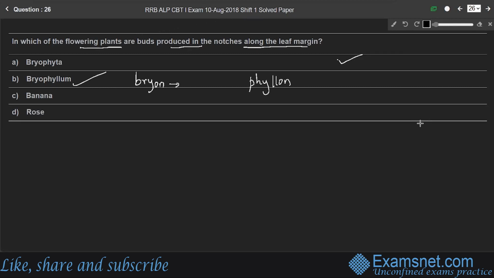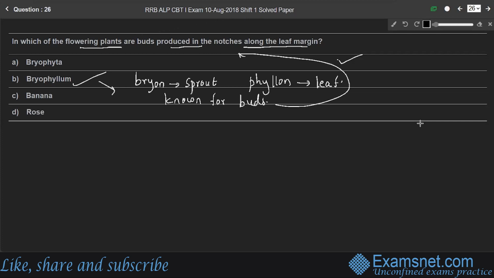So bryon means sprout. Phylon means leaf. So bryophyllum, it's a plant known for buds produced in the notches along the leaf margin, right?